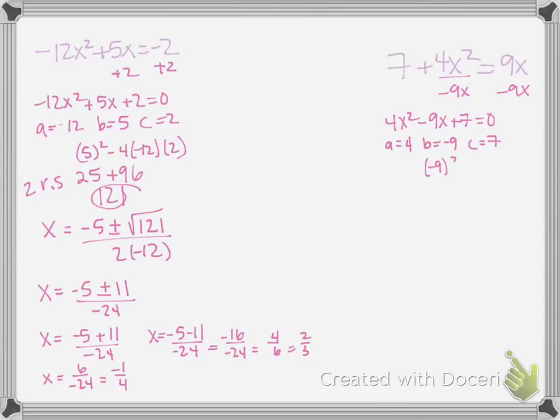So B squared minus 4 times A times C. So 81 minus 112. We get negative 31, so we will have no real solutions. Okay, so we do not need to do our quadratic formula because I shouldn't have an answer. I'll get a negative under my square root and I would get an error.